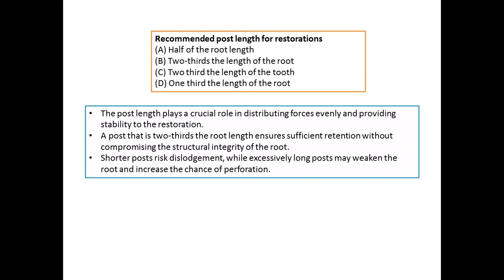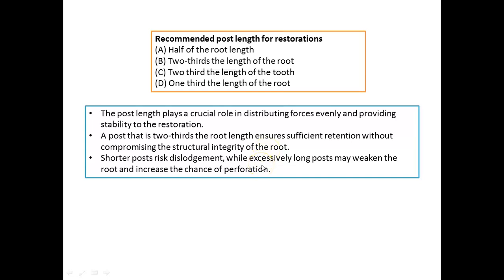Now the third question. What is the recommended post length for restoration? It is 2/3 of the length of the root. Remember dear student, the post length plays a very important role in distributing forces evenly and providing stability to the restoration. Mostly it is around 2/3 of the root length, which ensures sufficient retention without compromising the structural integrity of the root.